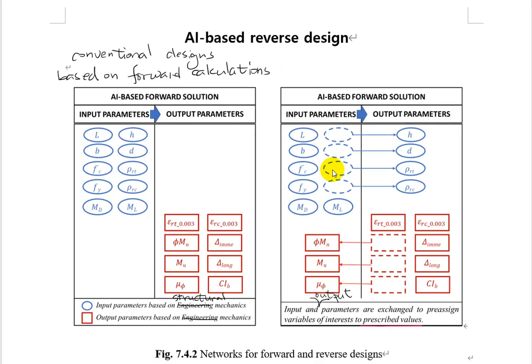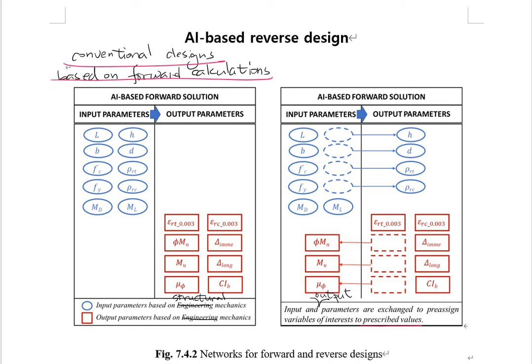Take a look at how we can use artificial neural networks to perform a reverse design of reinforced concrete beams. Here we have conventional designs based on forward calculations, where we need an appropriate number of input parameters on an input side to calculate output parameters on an output side. The blue circle represents input parameters, and the red box represents output parameters.